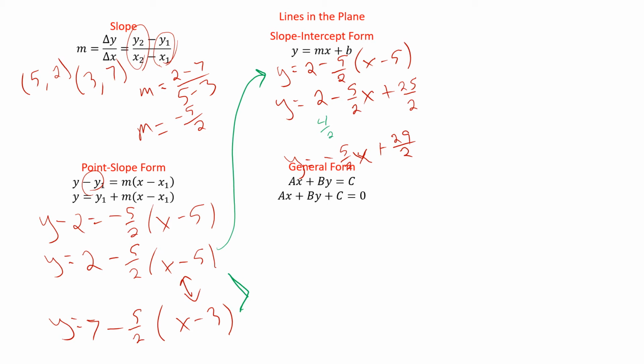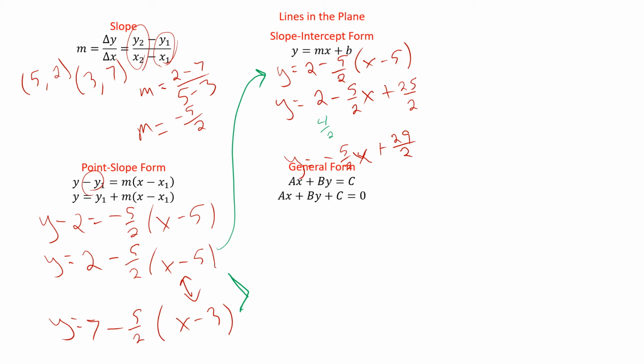General form problems are great for applications, like when you're selling hats for $2 a piece and shirts for $10 a piece, and you have to make $27. It's really easy to set those kinds of problems up using the general form.